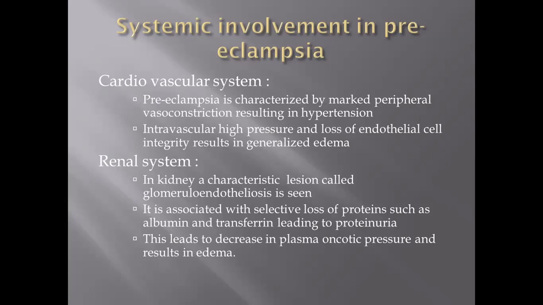Second is the renal system. In the kidneys, a characteristic lesion called glomeruloendotheliosis is seen in preeclampsia, and this is relatively specific for preeclampsia.